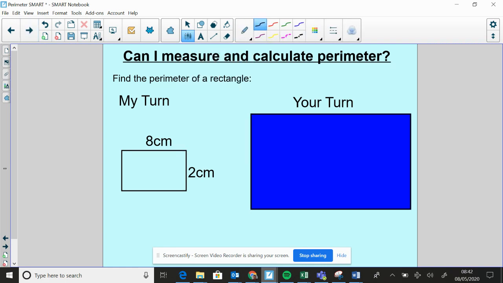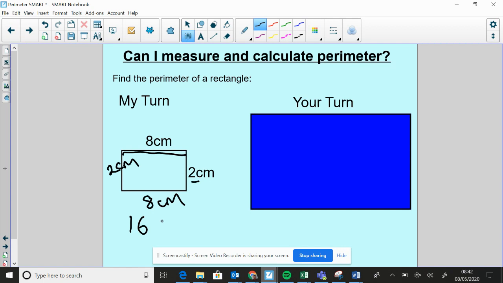Okay, so I need to measure every single side. I know this is a rectangle, therefore, if this side is 8, then this side is 8. And if this side is 2, this side is 2. I'm using the known facts about rectangles. So now I've got 8 plus 8, 16.